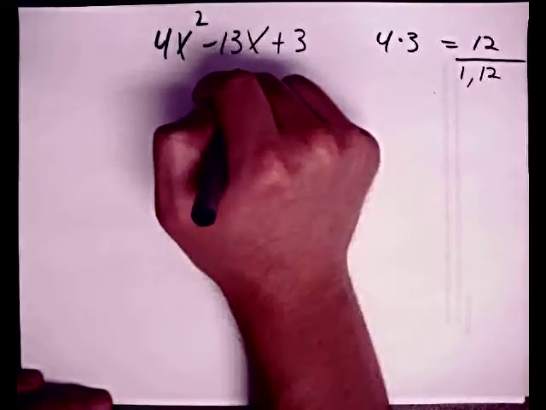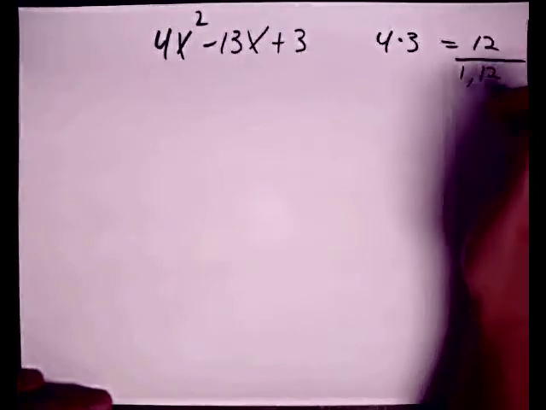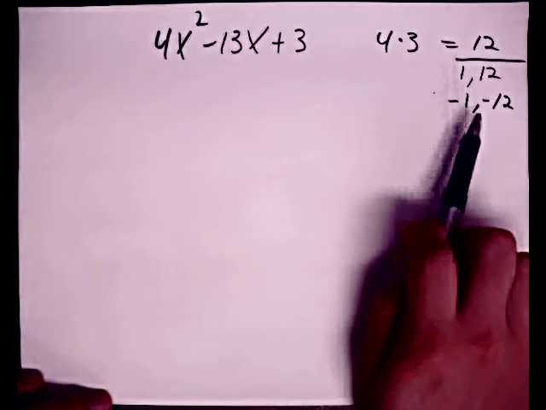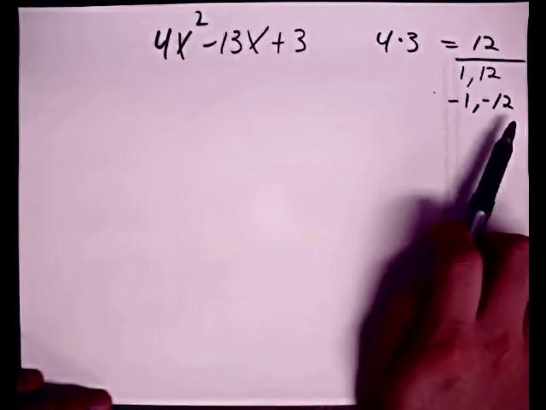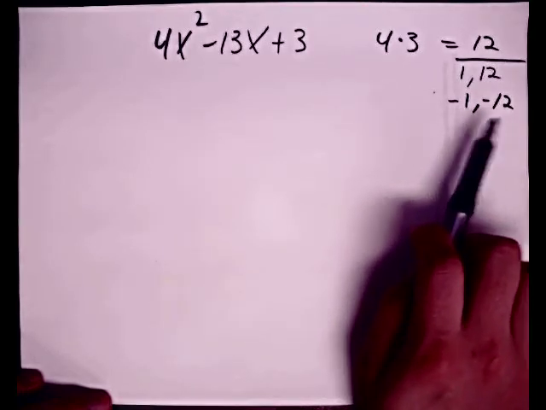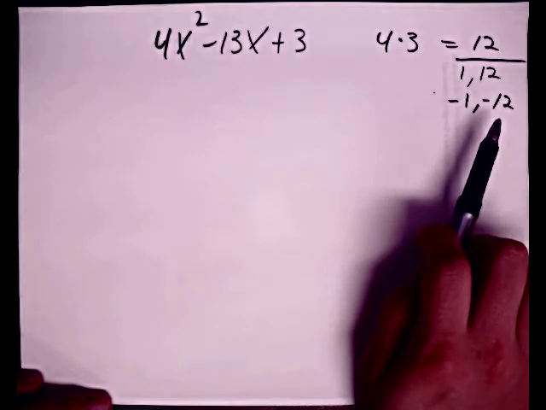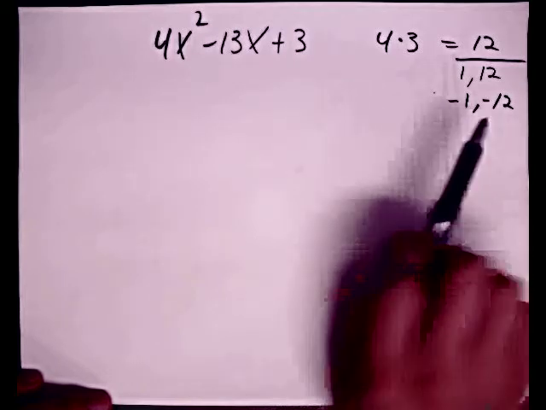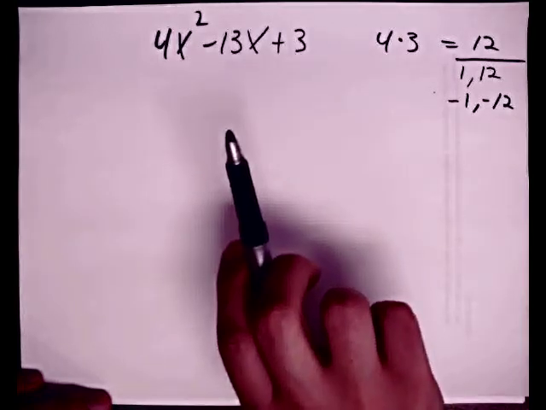If I go ahead and switch the signs, negative 1 and negative 12, if I multiply these together, negative 1 and negative 12, that's still positive 12 when I multiply. But now when I add, negative 1 minus 12 is the negative 13 that I'm looking for.